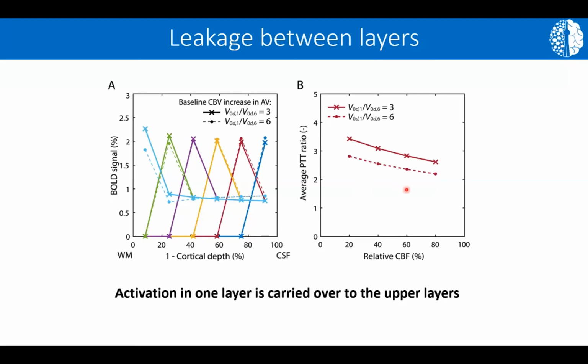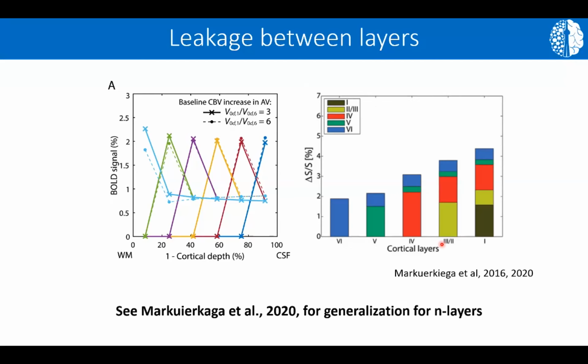That's a sort of good news for people who want to do leakage correction, that the weights are relatively stable. This is very similar to what David Norris did. They did it in 2016, and they published a very nice paper in 2020 where they generalized it for n layers, because this is now for 6 layers, and all the weights change depending on the number of layers.